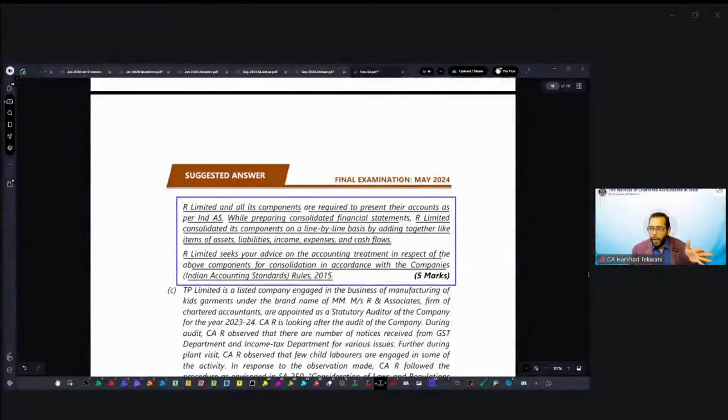Here, you are not only required to provide the answer from the perspective of the audit, but you also need an understanding of the financial reporting framework, the Indian accounting standards, Ind AS. You need to apply that knowledge plus the knowledge of audit, and accordingly answer the question.